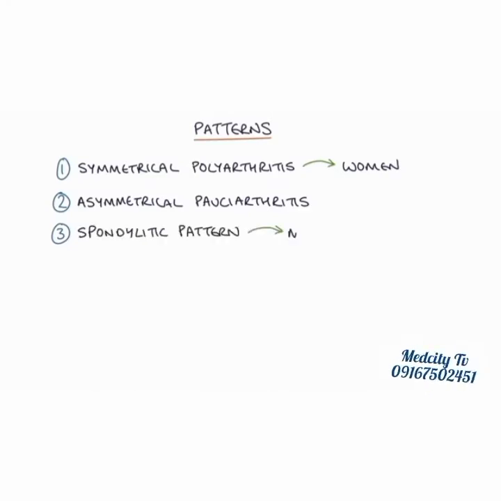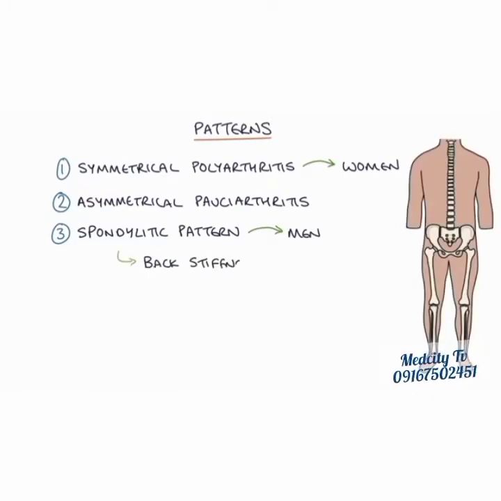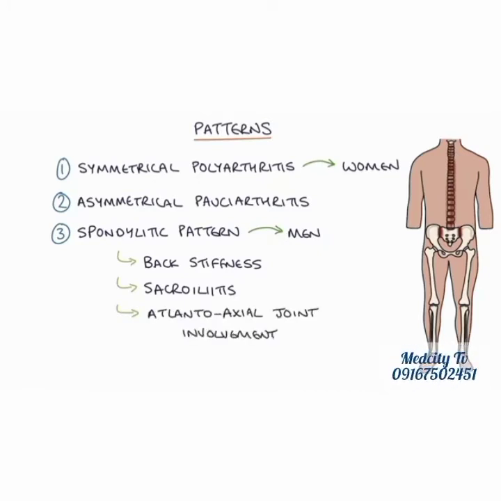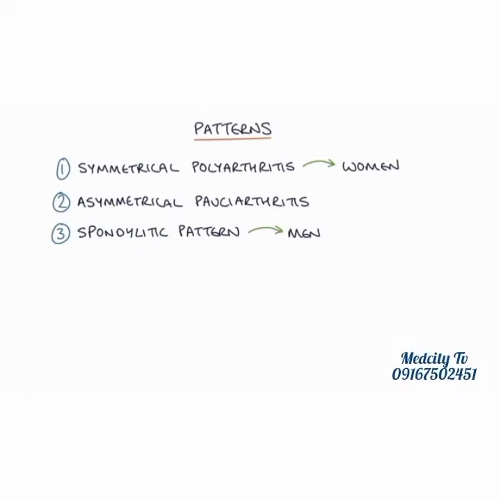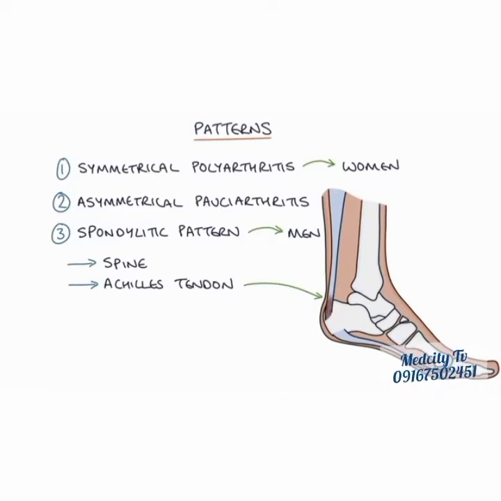And this is more common in men, and it presents with back stiffness, sacroiliitis, and atlantoaxial joint involvement at the top of the neck. Other areas that can be affected are the spine, the Achilles tendon, and the plantar fascia.